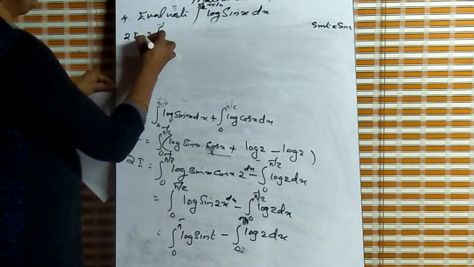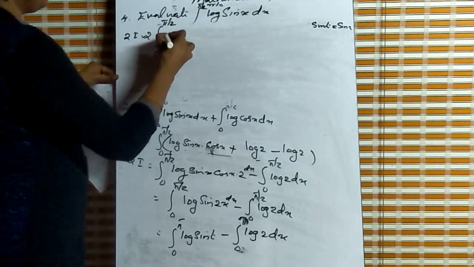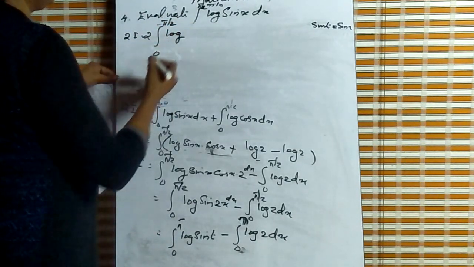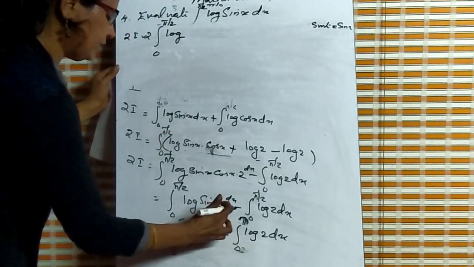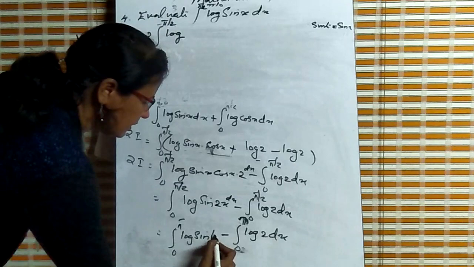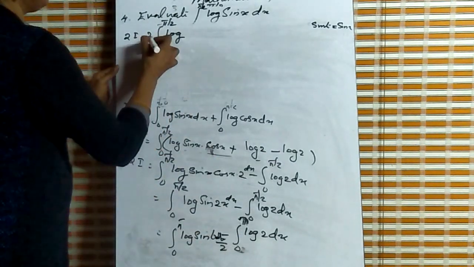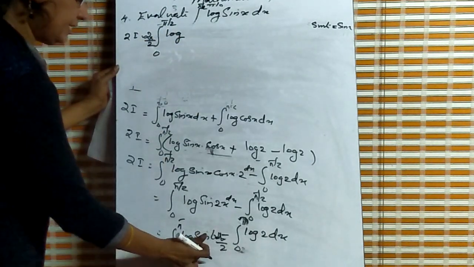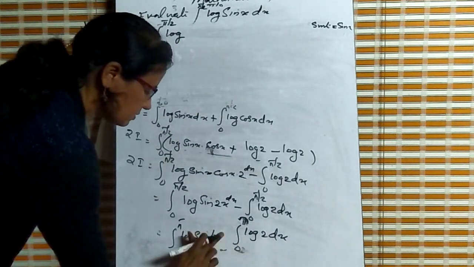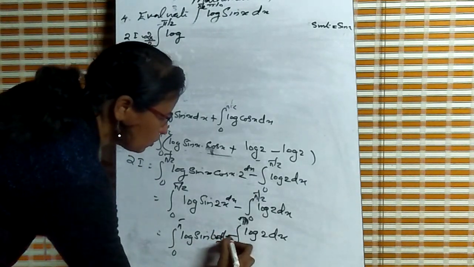The limit changes to 2 times the integral from 0 to pi by 2 of log sin t, and one more 1 by 2 is here for dx, which is dt by 2.